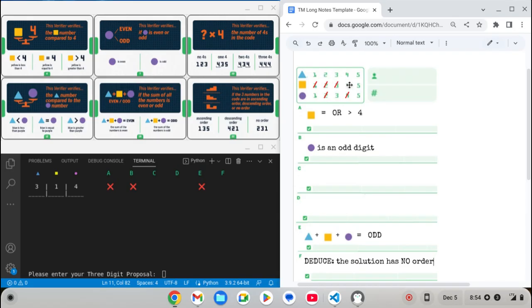It could be something like 2, 4, and then obviously criteria card D would help us compare our first and last digits. So it could be something like 2, 4, 3 or 2, 4, 1. That's a possibility. It could also be that you could have 4, 4.